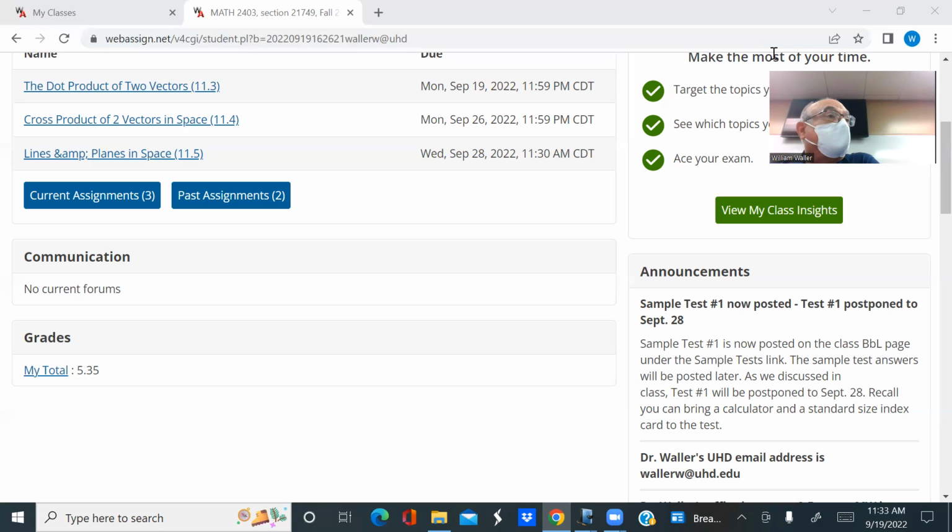Okay. So in addition to looking at the sample test, also be thinking about what you're going to put on the index card. Like for instance, the formula for projection, right? That would be one that you might forget. Or the formula for the cosine of the angle between two vectors.